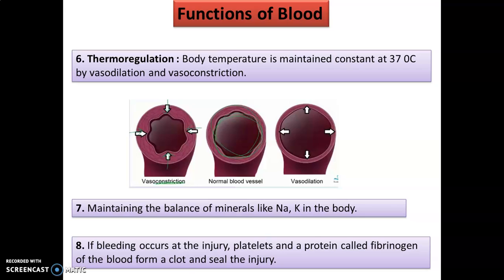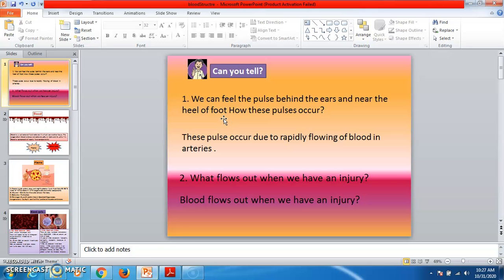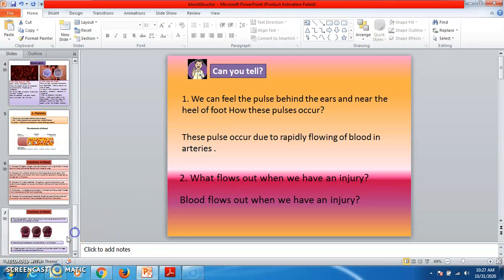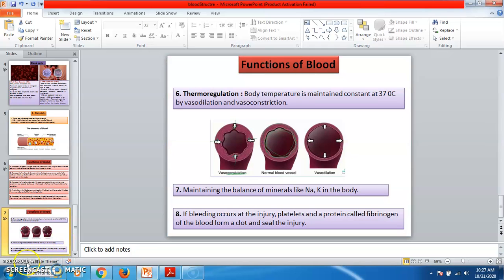This we have also discussed: if there is no clotting, blood will flow out of the body and we will die. So the platelets and the protein fibrinogen help in the clotting of the blood and seal the injury. I hope it is clear to everyone. So this is all about blood and its functions.